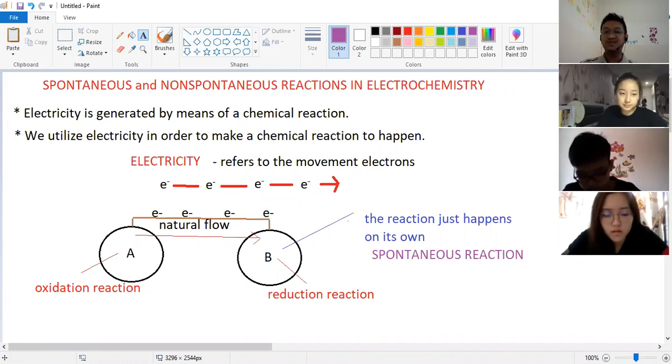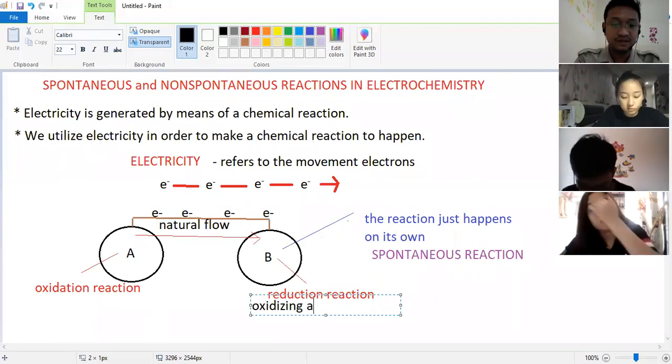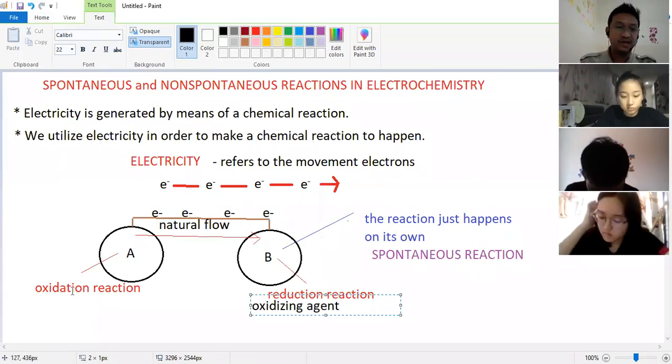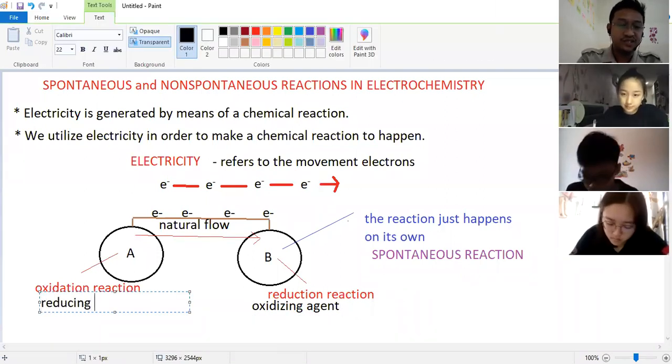From Clara, according to her, A is the reducing agent and B is the oxidizing agent. That is correct. So B is our oxidizing agent, while A is our reducing agent.